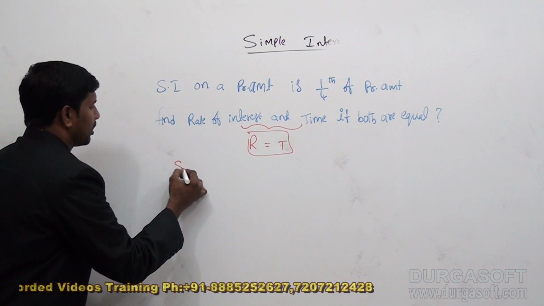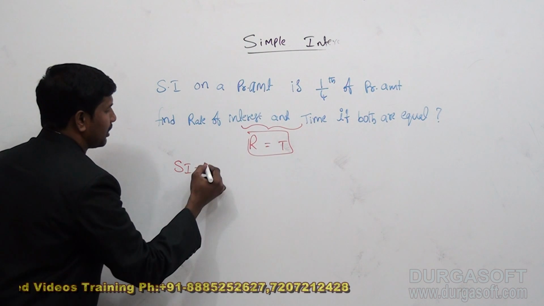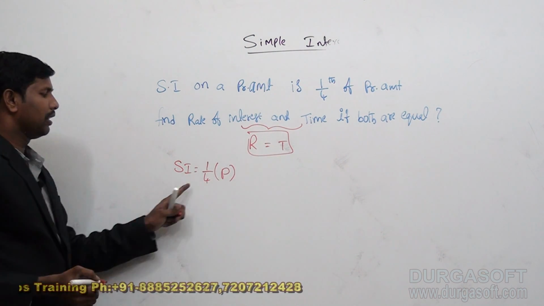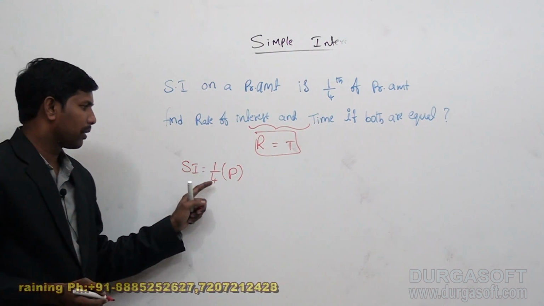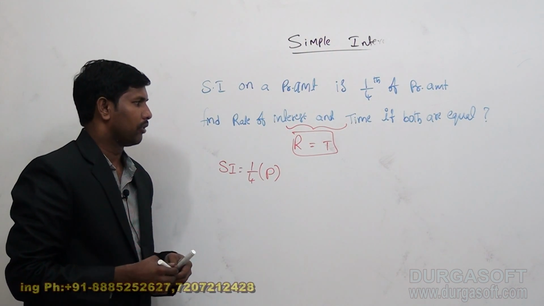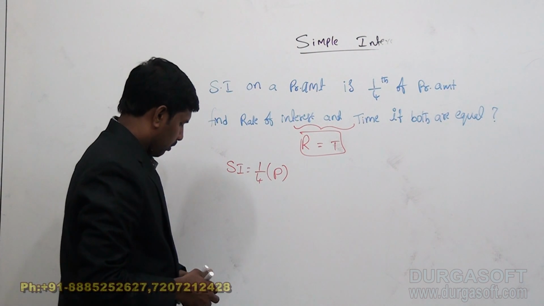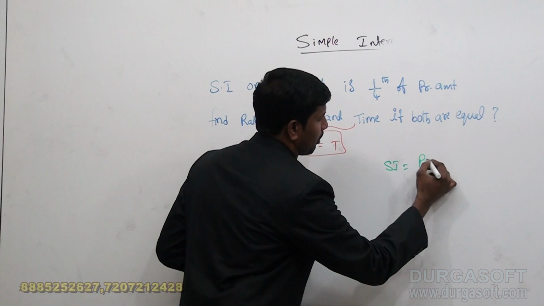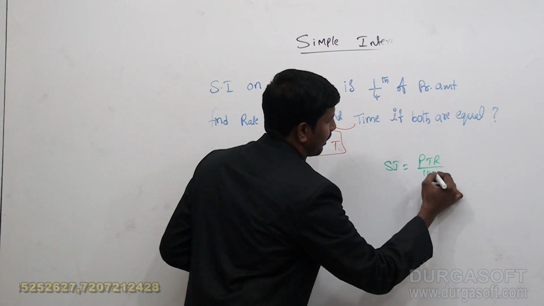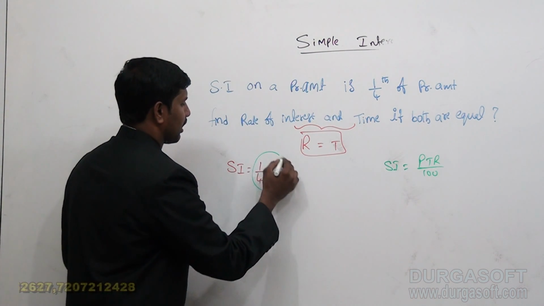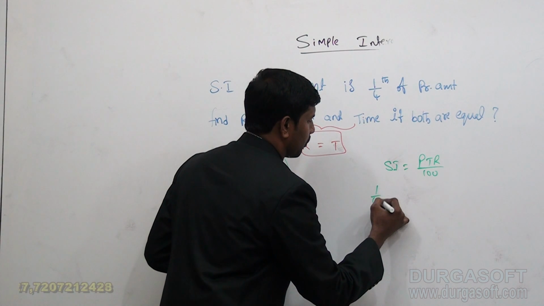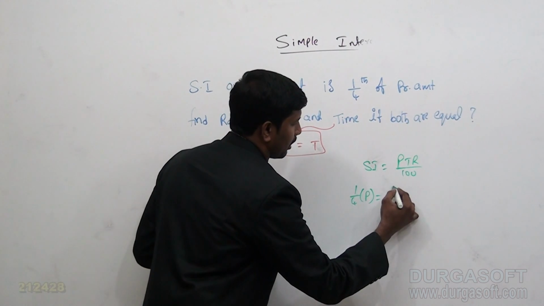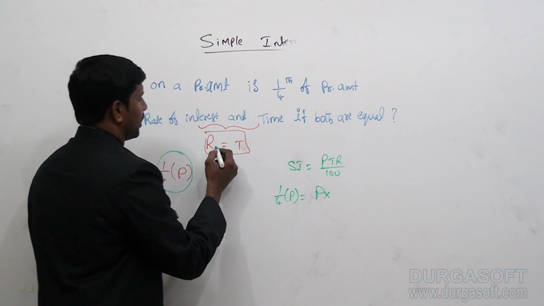Now when you calculate simple interest, that is 1/4 of your principal amount. If I take the principal amount as P, the simple interest is equal to 1/4 of the principal amount. Now let's see how we can calculate. We know that simple interest is equal to PTR by 100. Simple interest is exactly 1/4 of P, so 1/4 of P is equal to PTR by 100. Now time and rate of interest are equal.